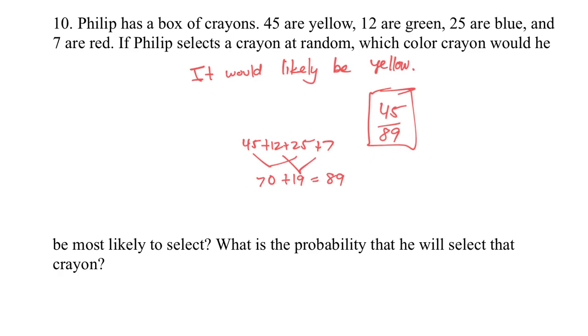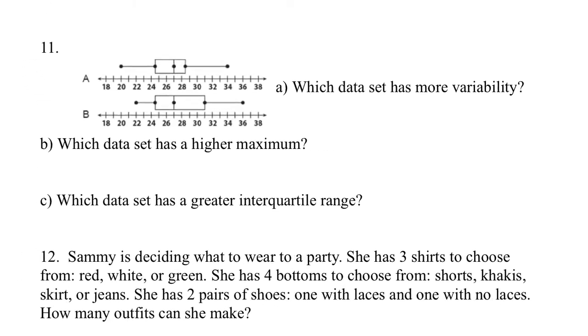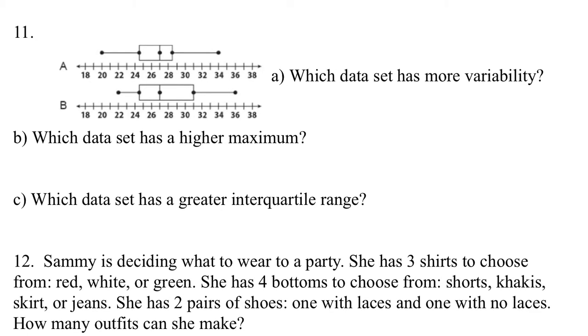That's 10. Number 11. Ooh, a little bit of box and whisker plot here. Which set has more variability? It's tight. 36 to 22, 34 to 20. They're equal. I'm looking at from here to here is about the same as here to here.